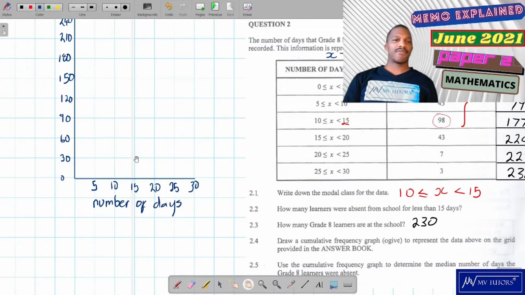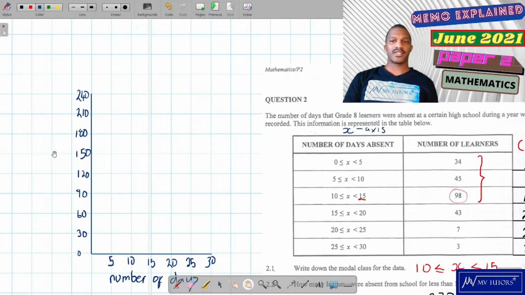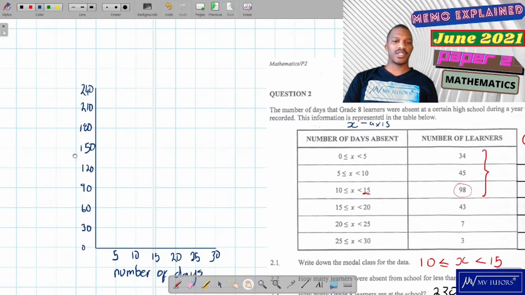And then this one over here on the y-axis, we have our cumulative frequency. Like that. Okay, so now we need to mark the points.